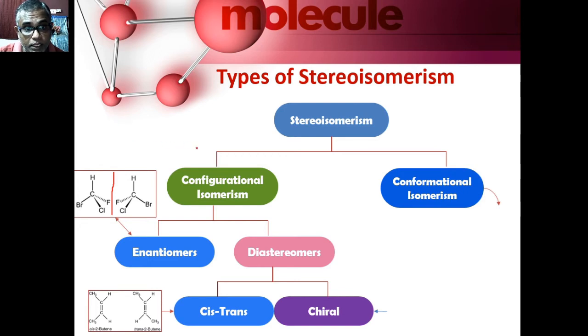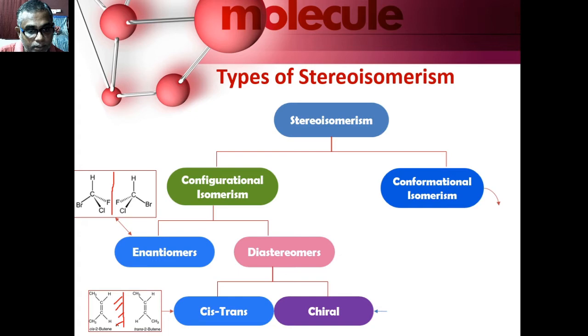On the other hand, a diastereomer is a pair of stereoisomers which are not mirror images of each other. If you draw a mirror plane here, these two are not mirror images of each other.